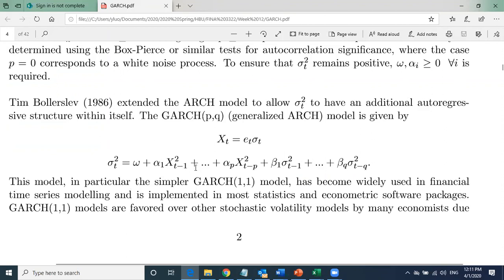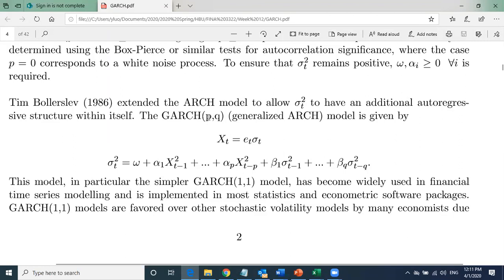So the different lags, okay, the impact could come from several days ago. But most of the time, this one is pretty complex.